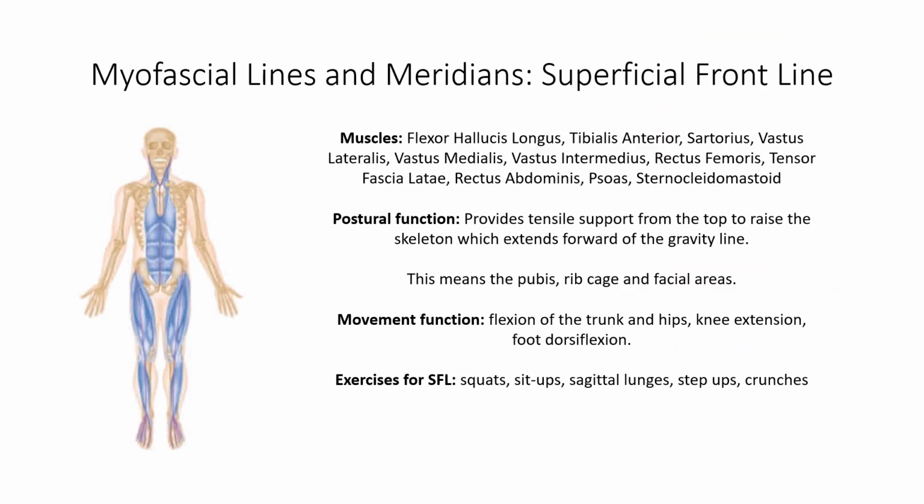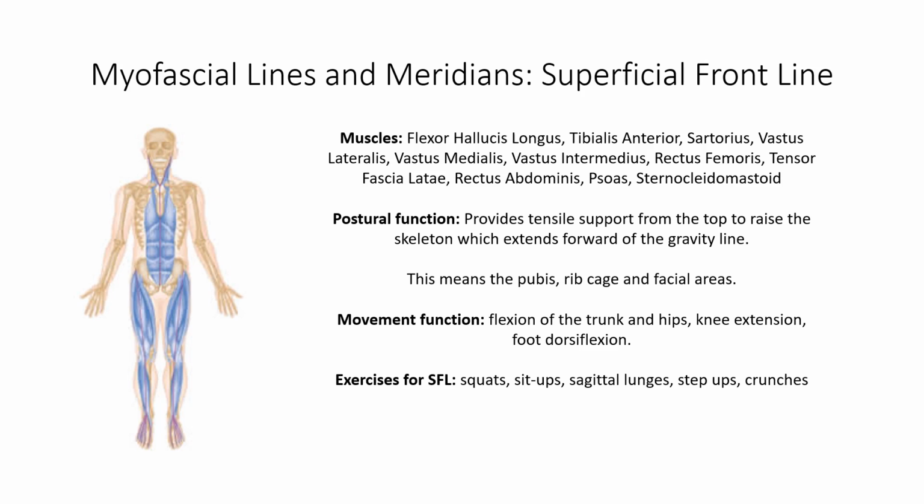Now looking at the superficial front line, the muscles involved here: the flexor hallucis longus, it's in the big toe, tibialis anterior, front of the shin, sartorius, the muscle that runs from the outside of the hip to the inside of the knee. It's not the quad, but looks like a quad.